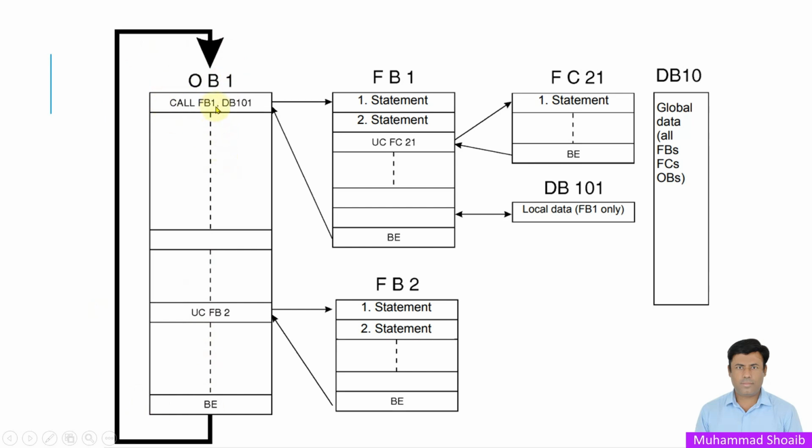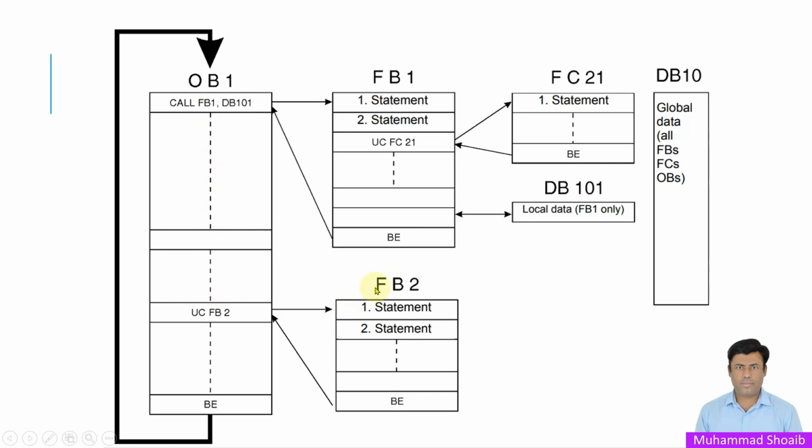So we usually call FBs in the OBs. As you can see in this image, FB1 is called. In the execution cycle, once FB1 is called, it executes the FB1 logic, whatever statements or rungs there are, and after that it goes back, and then so on for the next FBs in the OB, step by step.